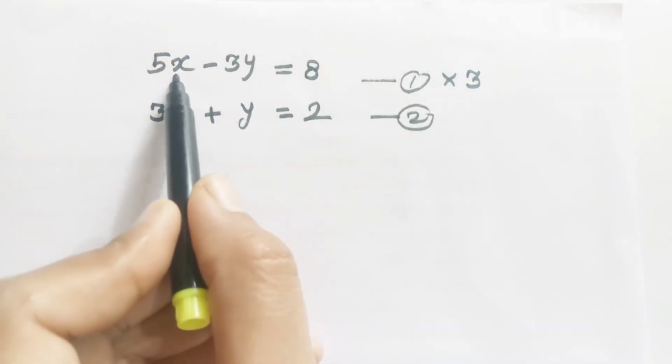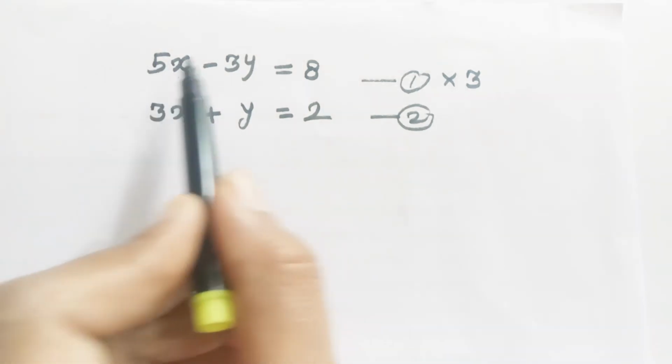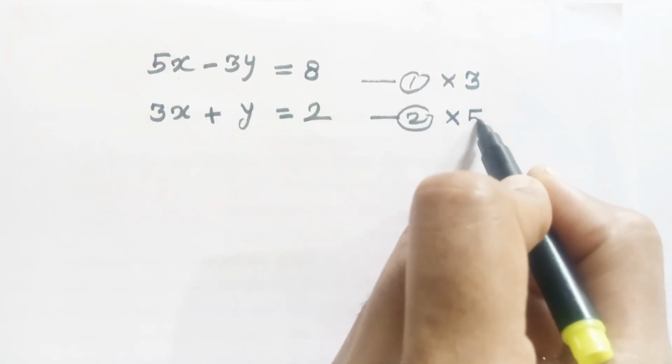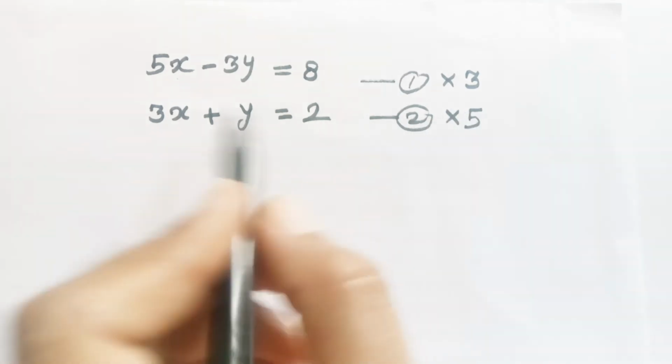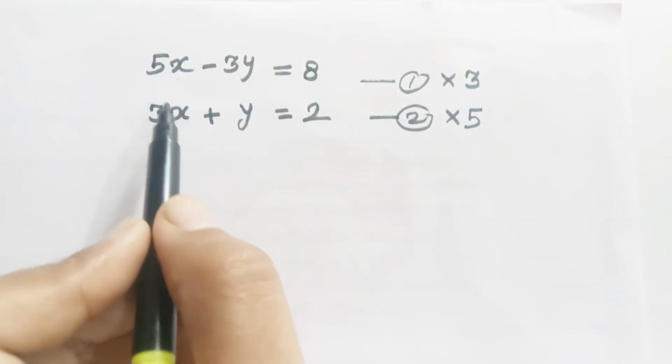Similarly, the coefficient of x in equation 1 is 5, so this 5 is multiplied to equation 2. We do this process to make the coefficient of x in equations 1 and 2 similar.